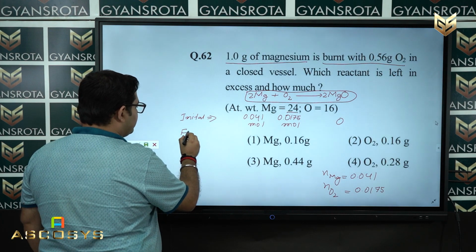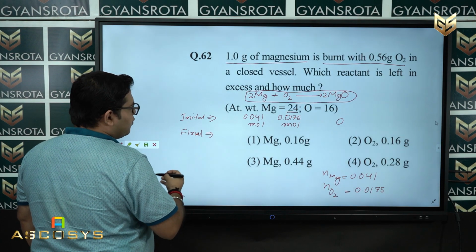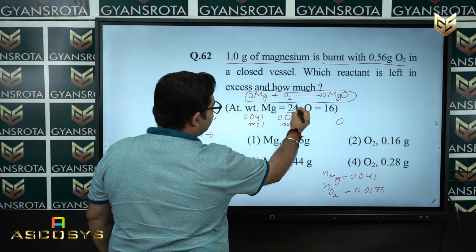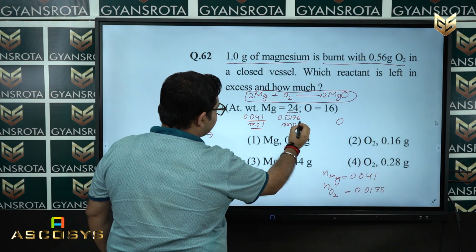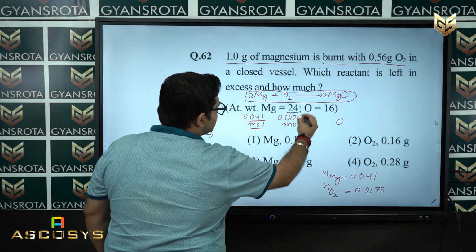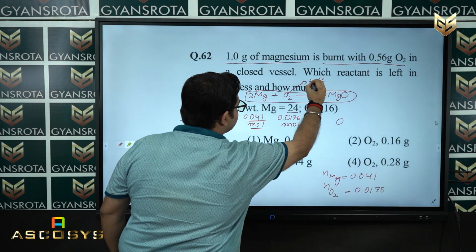But if you move on to the final concentration, who has the larger amount here? It is the 0.041 magnesium, and the 0.0175 mole of oxygen is less. So, this oxygen acts as your limiting reagent.